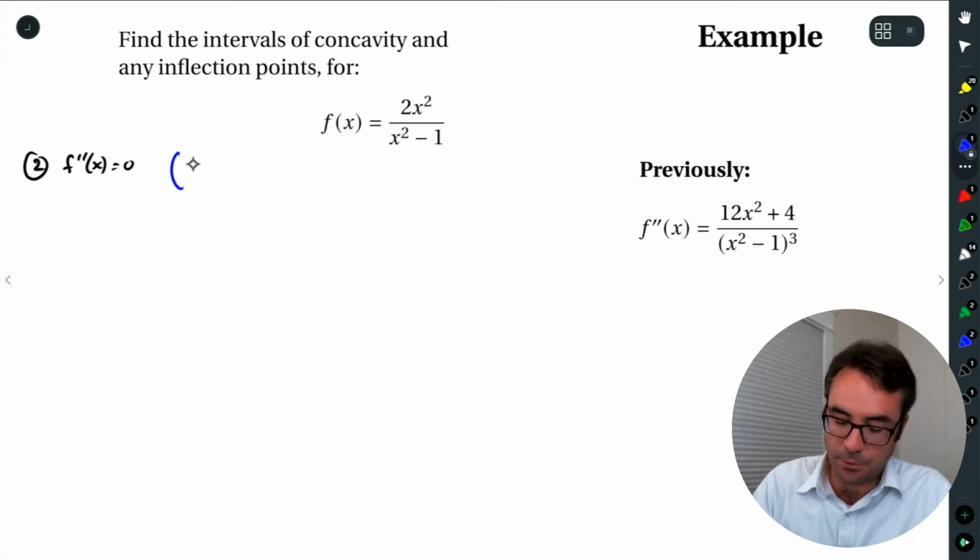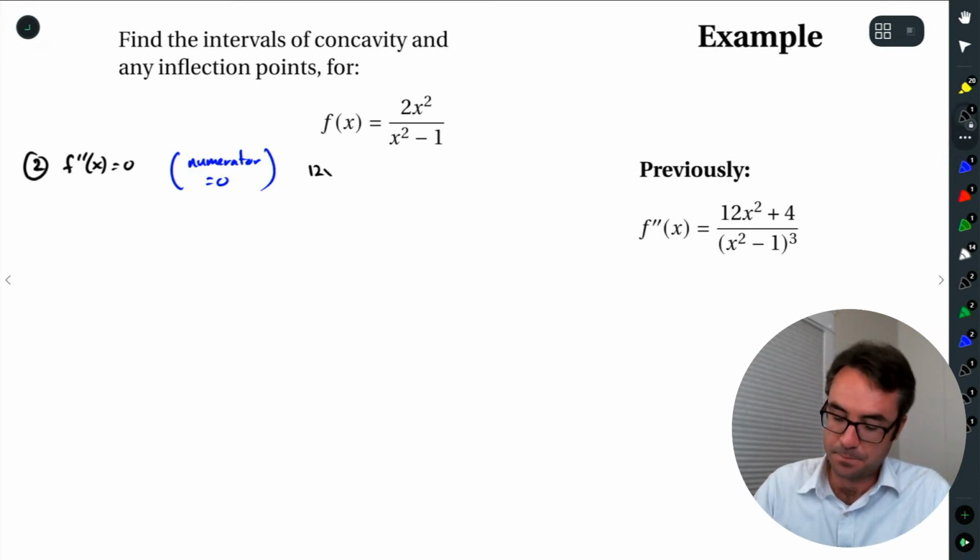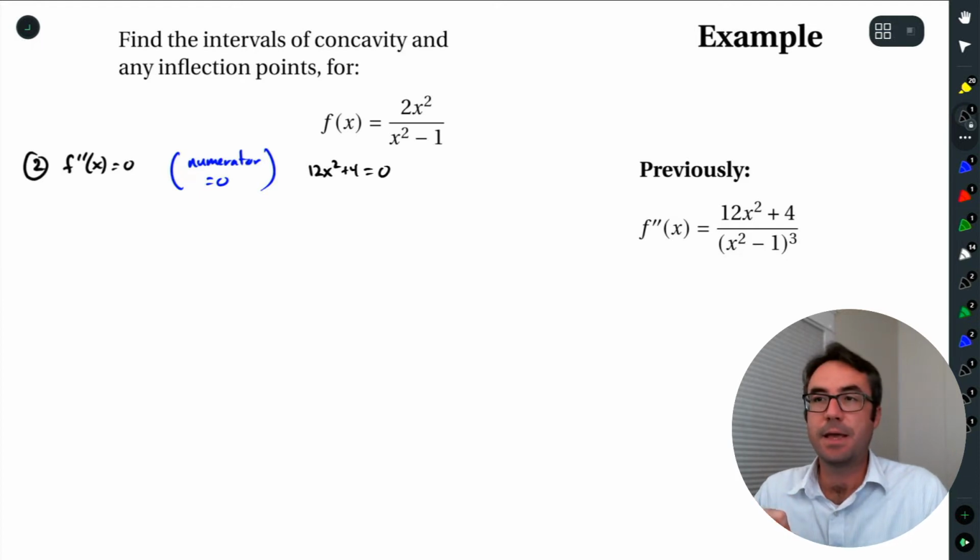So that's what we're going to do. We're going to look at where the numerator is 0. All right, so let's take this 12x squared plus 4. We set that equal to 0, and there's no solution.